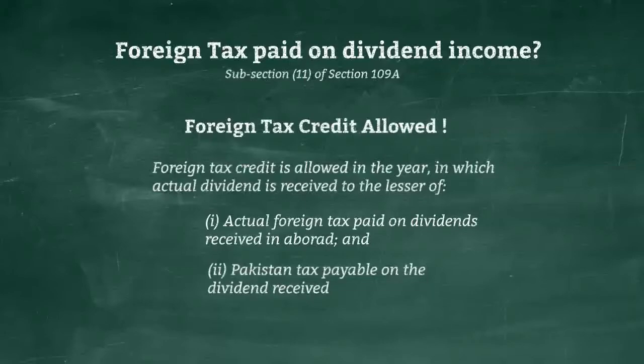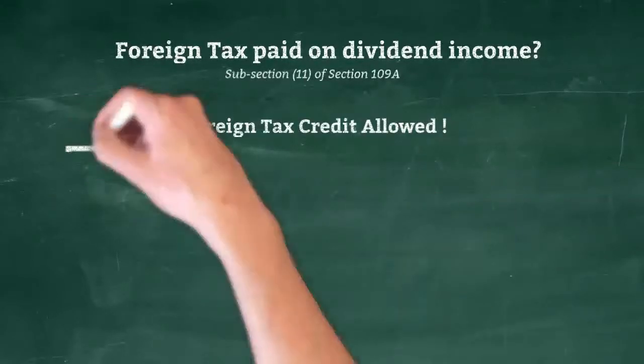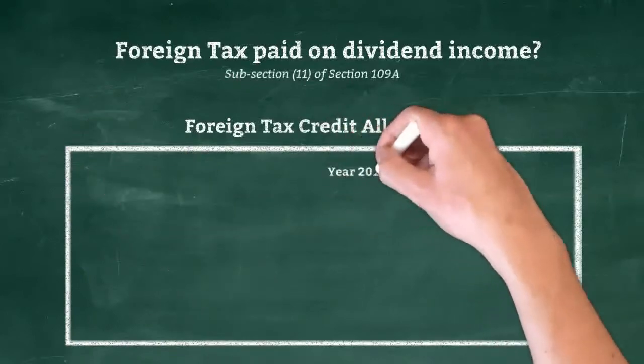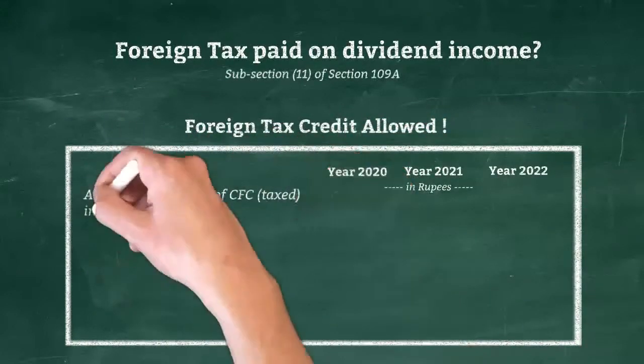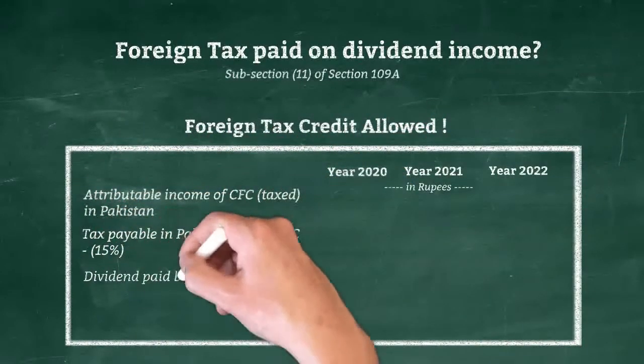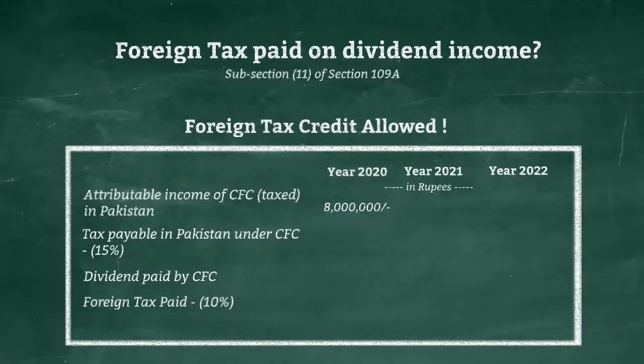In order to understand the analogy of the foreign tax credit, let's take an example with comparative tax years. Where in year 2020, attributable income of a CFC is Rs 8 million, which is taxed under the CFC regime at Rs 1.2 million. In this year, the resident person shall be required to pay the said amount without any tax credit.